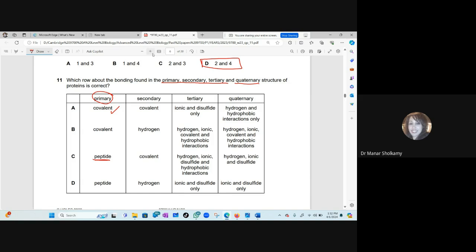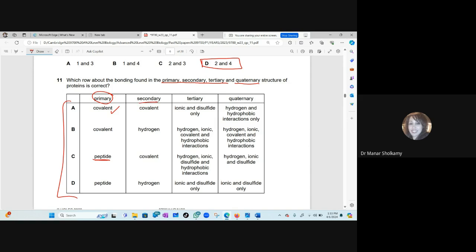In a primary structure in a protein, what is the only bond that is found? Peptide. But isn't it also a covalent bond? So the peptide bond is covalent or it is an ionic bond? Covalent. Of course, covalent. All these organic molecules, the bonds are covalent. So the primary here can be either covalent or peptide. So in my opinion, all these options are possible if I look at the primary.